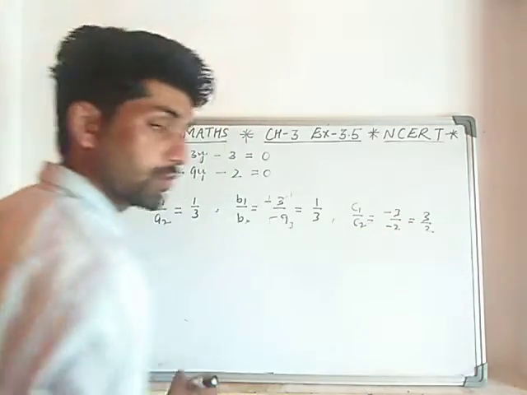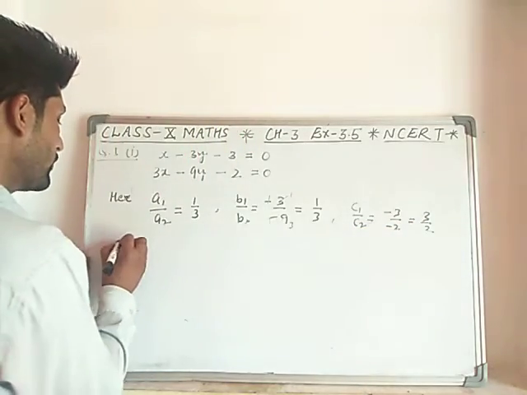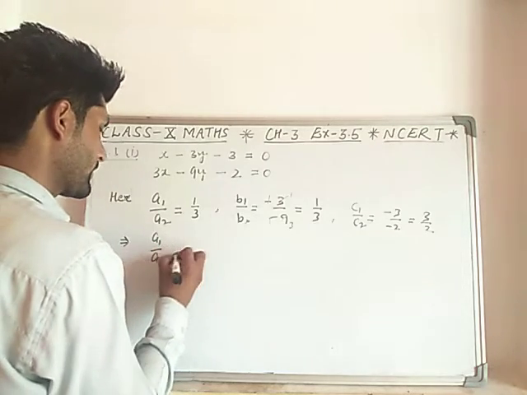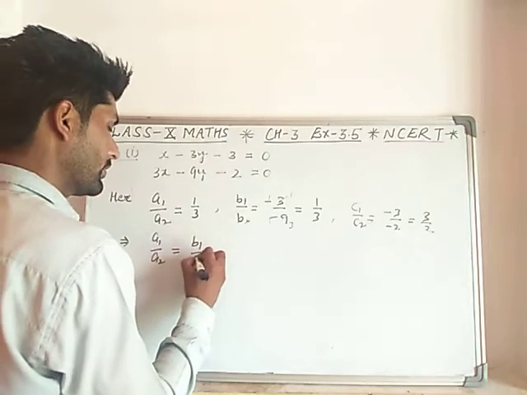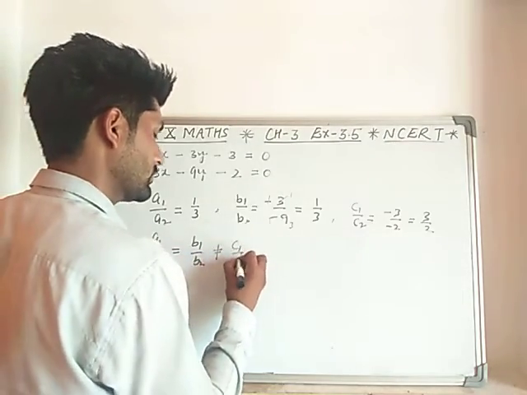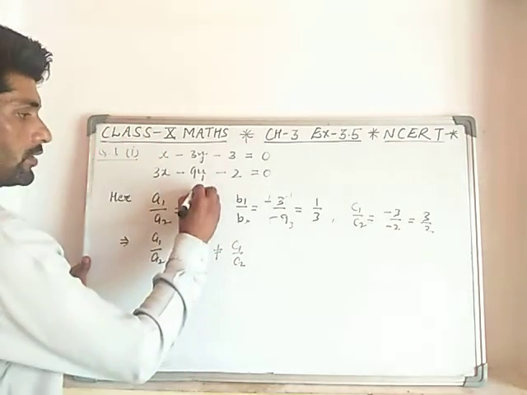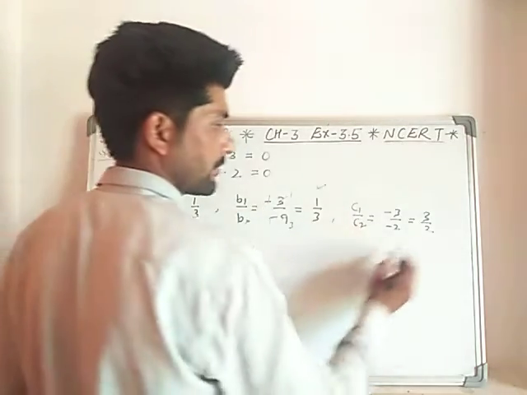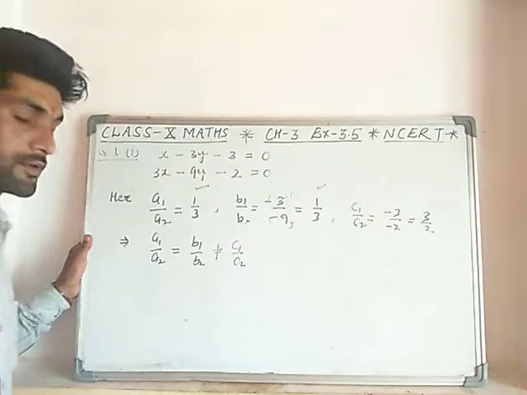Therefore, a1 upon a2 is equal to b1 upon b2 is not equal to c1 upon c2, because a1 upon a2 is 1 upon 3, b1 upon b2 is 1 upon 3, but c1 upon c2 is 3 upon 2.